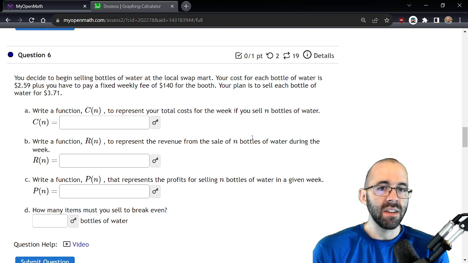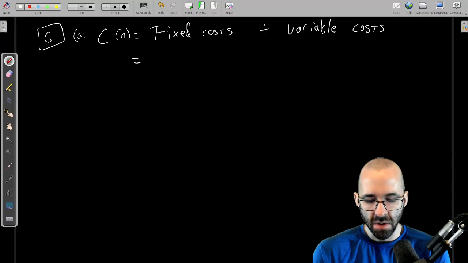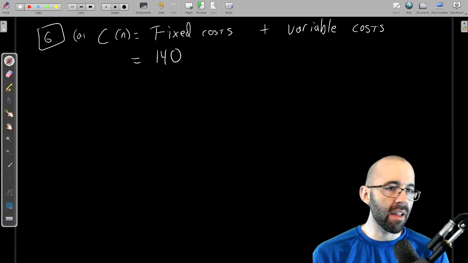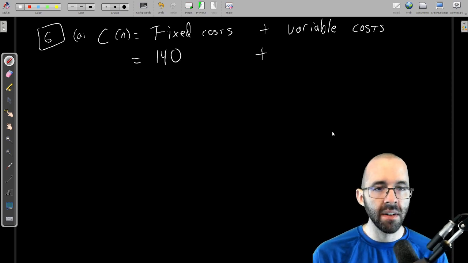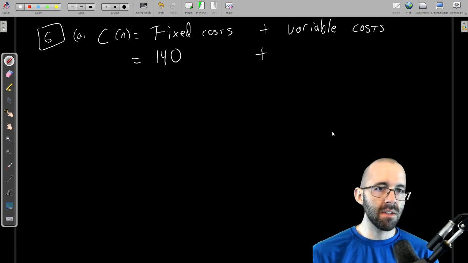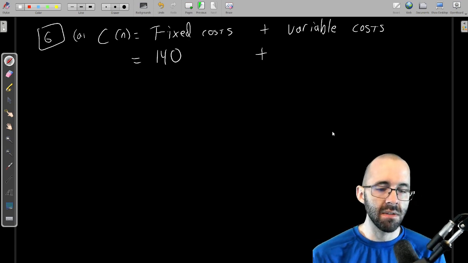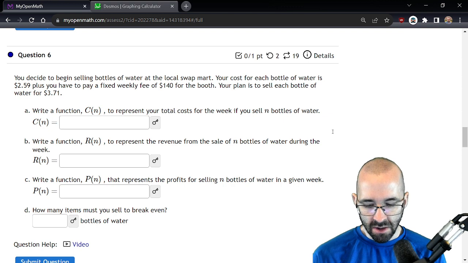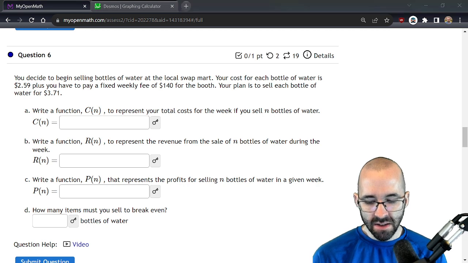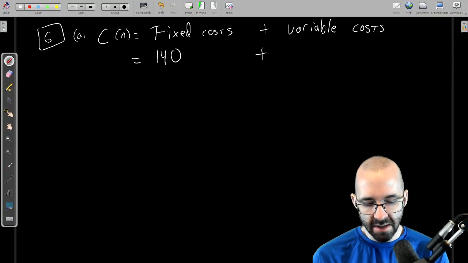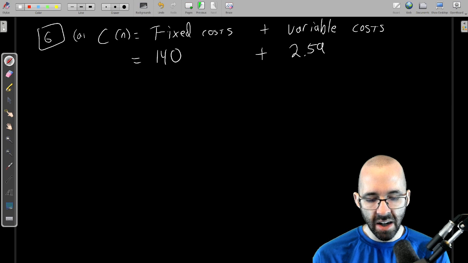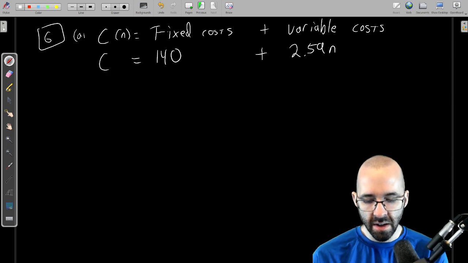Well, it says you have a weekly fee of $140 for this booth. Every week, you're going to have to pay that 140 bucks. Variable costs are how does your cost change depending on your production? Well, our cost for each bottle that we sell, n, is $2.59 for every one.